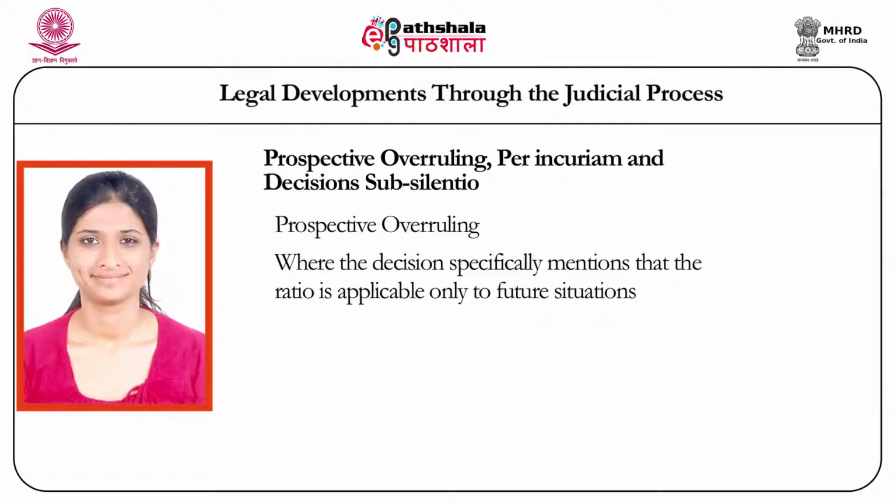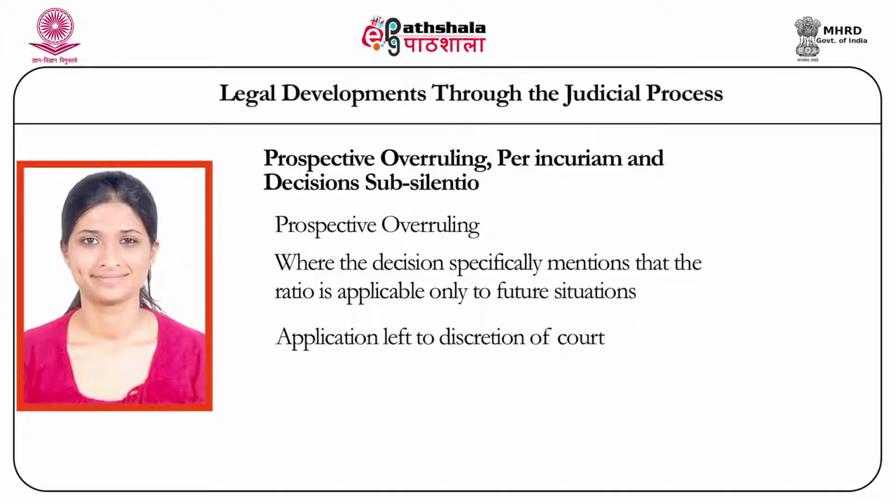If such a specific mention is not made, decisions are supposed to be binding even on previous circumstances. Applicability of the doctrine of prospective overruling is left to the discretion of the court, and unless a specific mention is made regarding the prospective overruling of a particular judgment, it is always assumed that judgments do apply retrospectively.